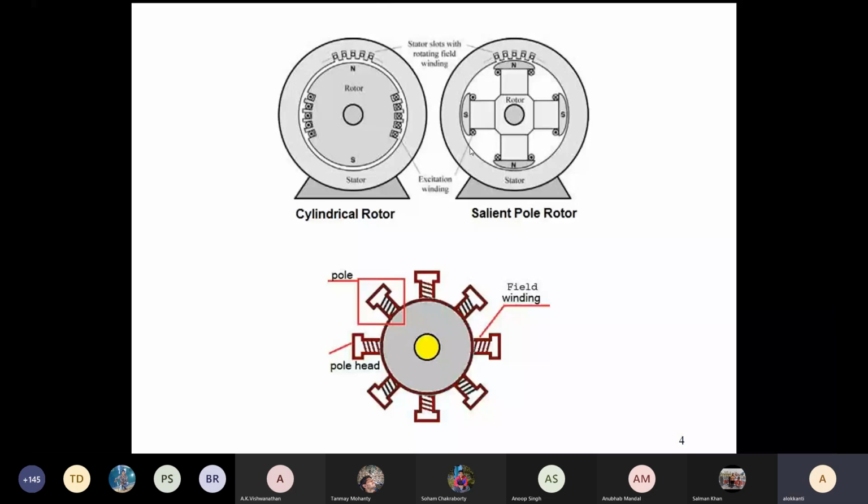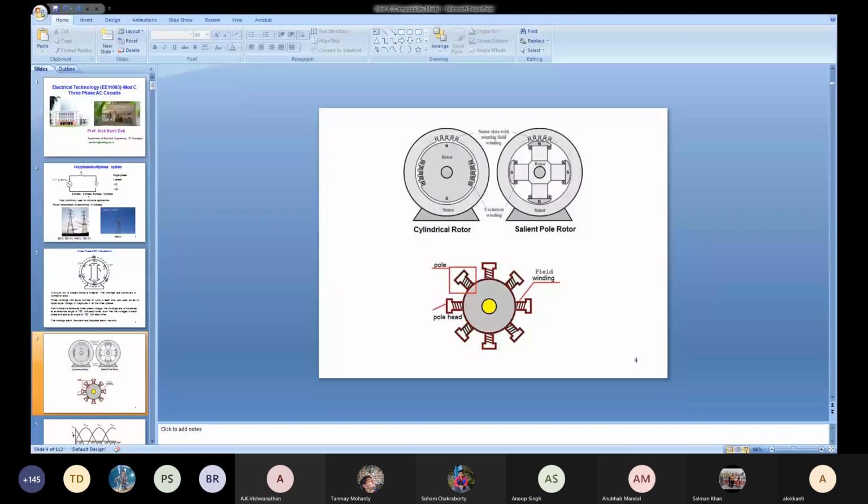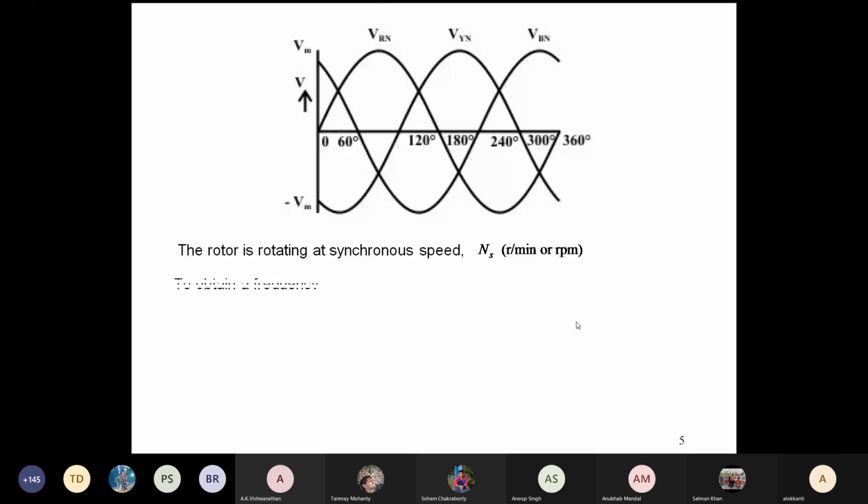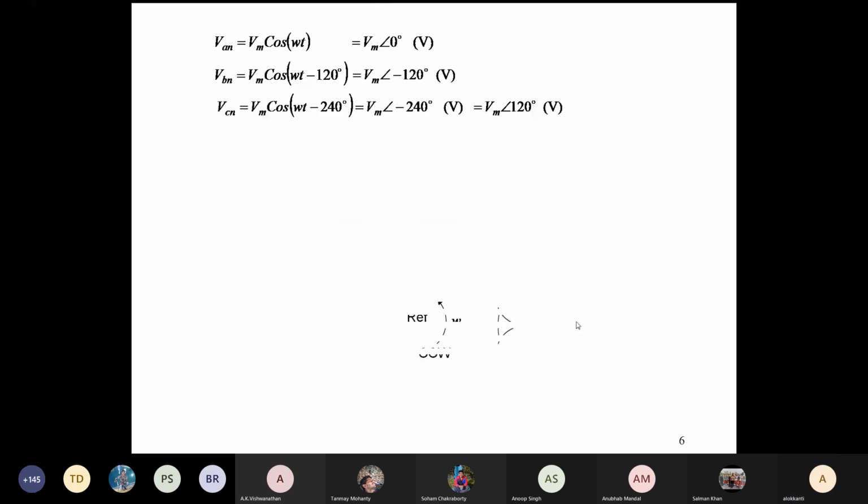I added this slide because of some queries regarding the inside polarity; I searched it out and added it. So let us begin from where the slide is visible. We discussed all these things, and I am not going to discuss this again; we have done a lot on it.